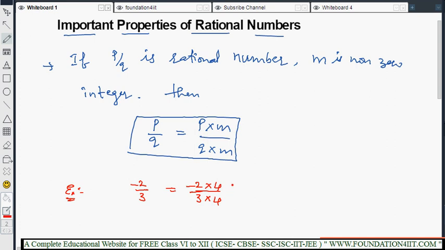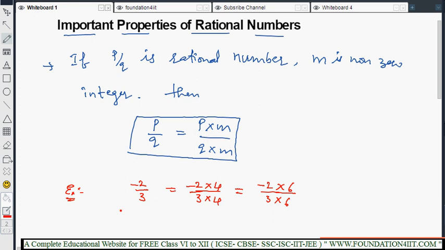This is exactly equal. Any number you can multiply, or this is equal to minus 2 into 6 by 3 into 6. So the final result is the same. Minus 2 by 3 is equal to minus 2 into 4 by 3 into 4, otherwise minus 2 into 6 by 3 into 6, it's equal.